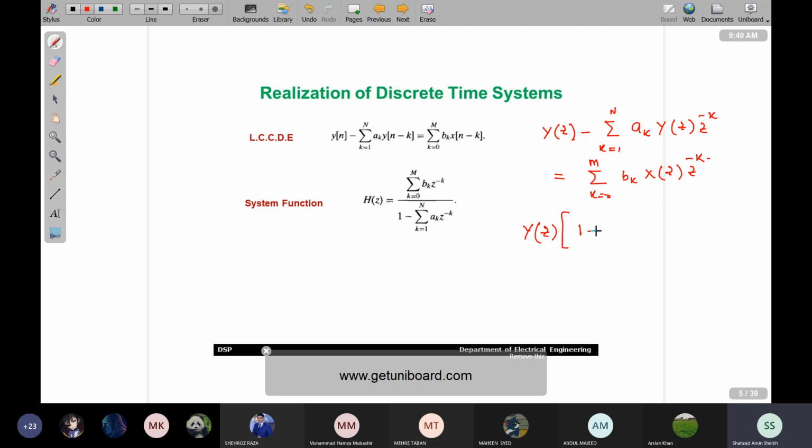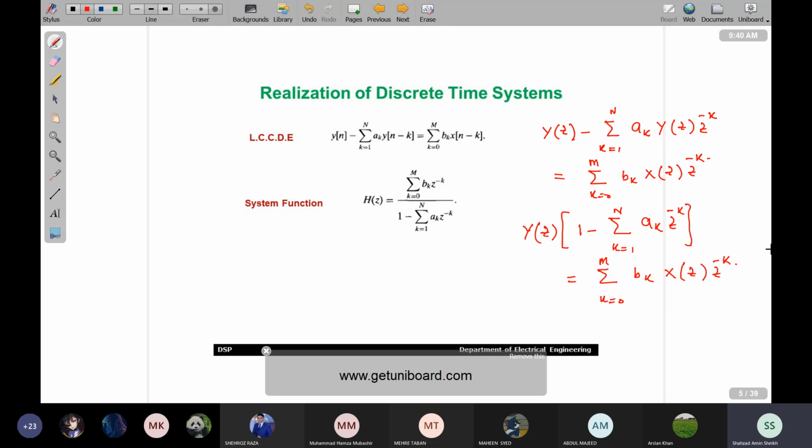Y of z times 1 minus summation k is equal to 1 to n ak z minus k is equal to summation k is equal to 0 to m bk x of z minus k.